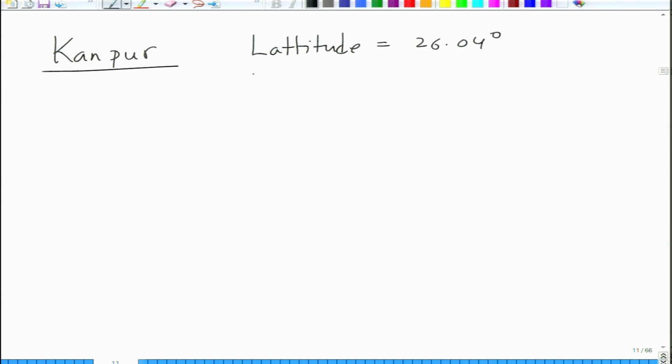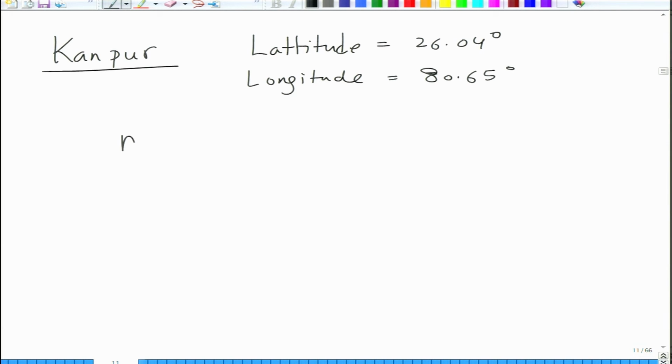So let's say you want to look at some value. Let's say I do it for Kanpur, since we are in Kanpur. Kanpur has a latitude of 26.04 degrees and longitude of 80.65 degrees.